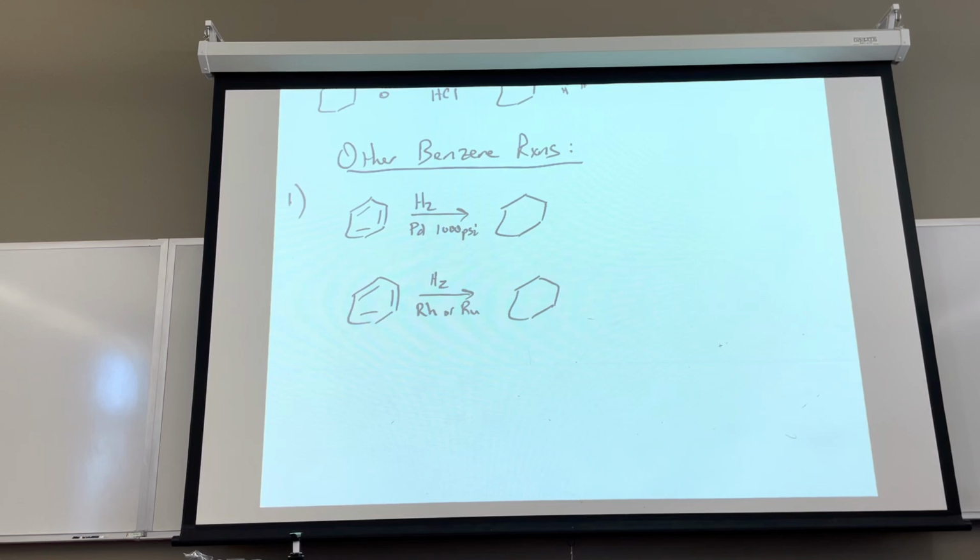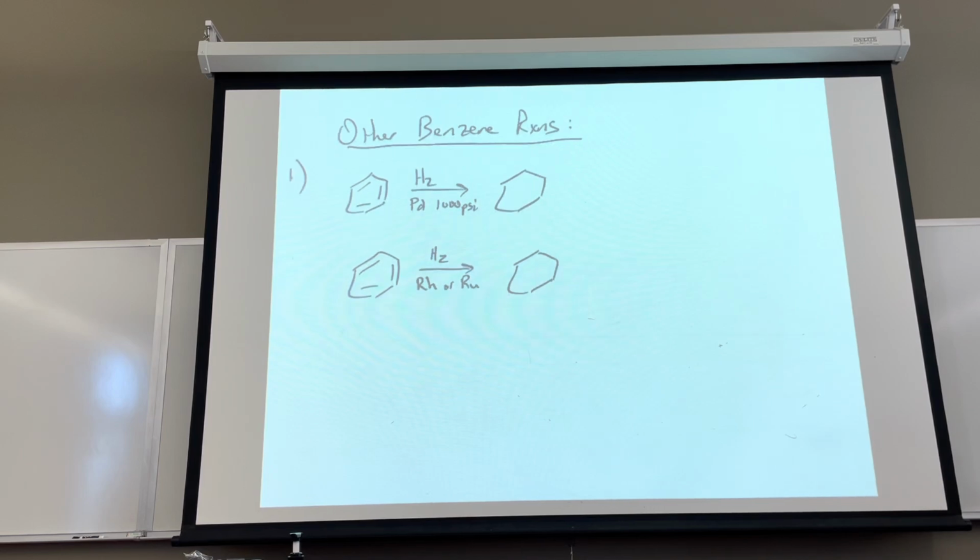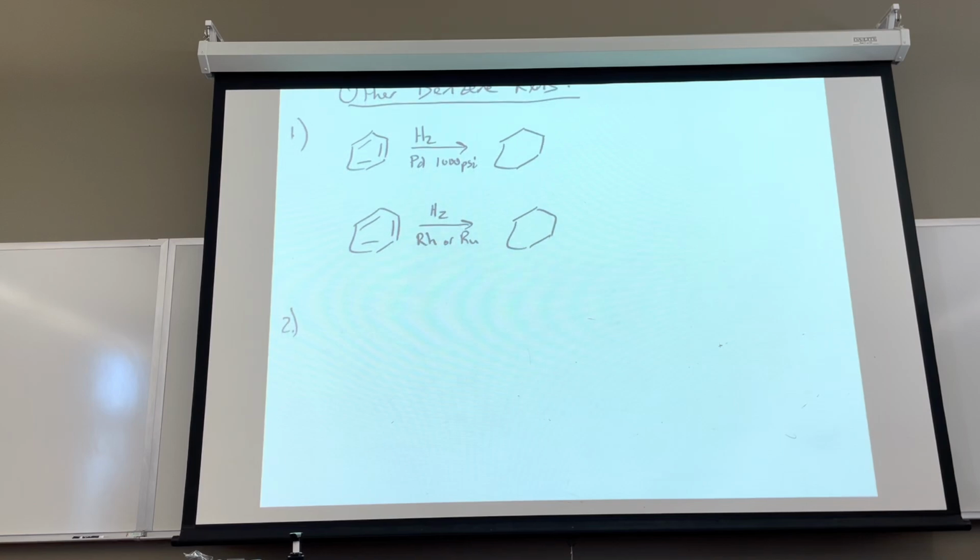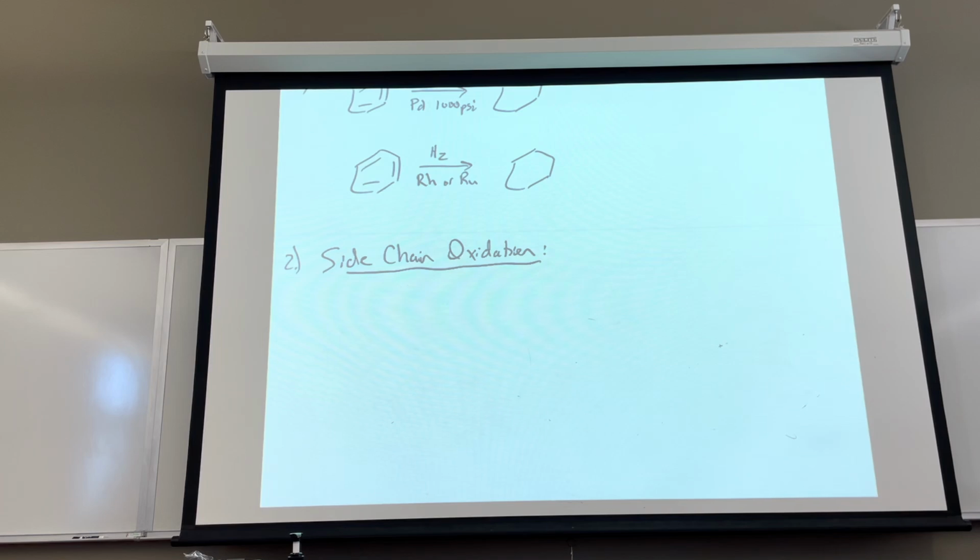Any questions about the catalytic hydrogenation here? Okay, the second one we'll look at is what's known as side chain oxidation. This one is a little bit limited because it will always only ever make one product.